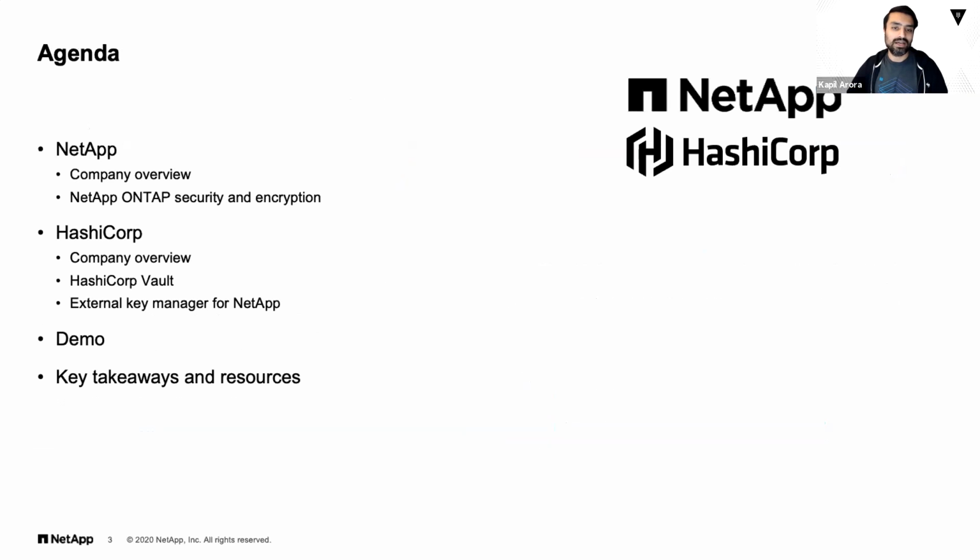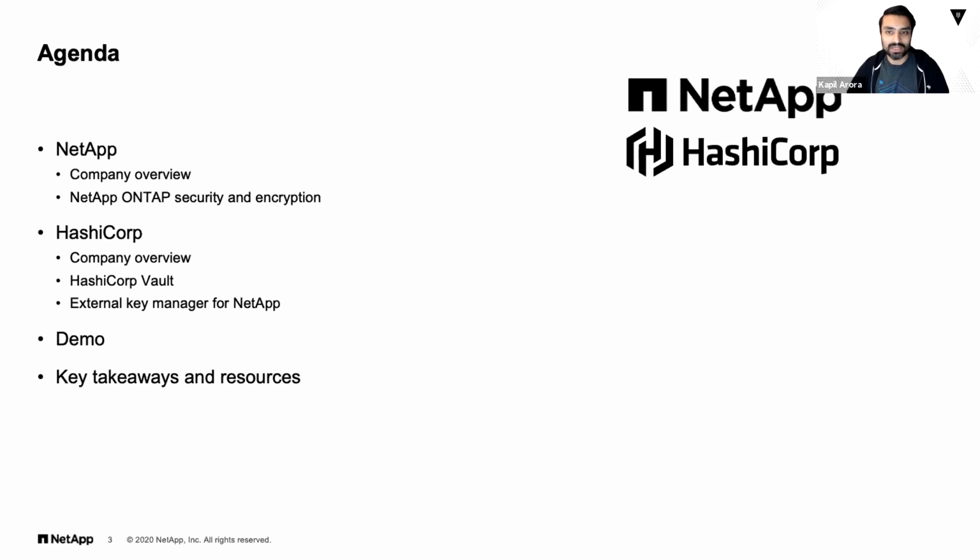And then I will talk about HashiCorp. We also believe probably there are people who do not know a lot about HashiCorp as a company, so a small company overview. Then I will introduce HashiCorp Vault and then talk about the integration that we have with NetApp and how does the external key management integration work together, how Vault is a KMIP server for NetApp.